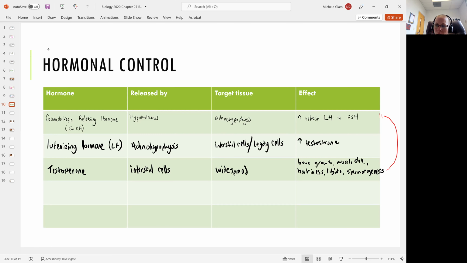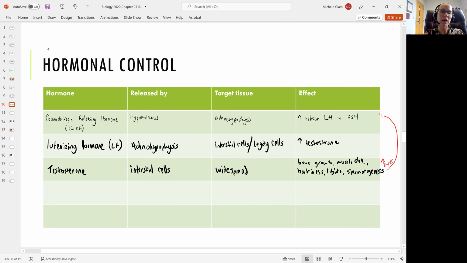Okay, so high levels of testosterone are going to inhibit the release of gonadotropin releasing hormone.